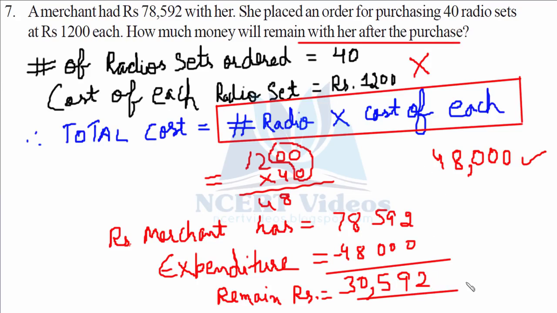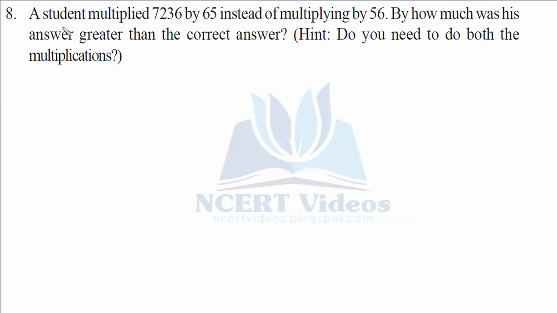That gave you the remaining money with her. A student multiplied the following number by 65 instead of 56. So what would be the correct answer? So how much was the answer greater? How much means difference. Again, there's a hint given. Do you need to do both the multiplications? Well, not exactly.